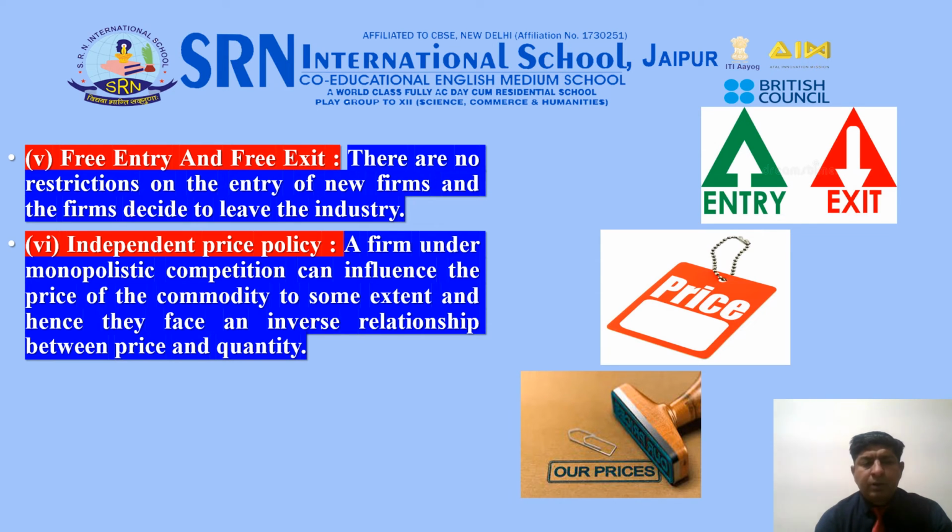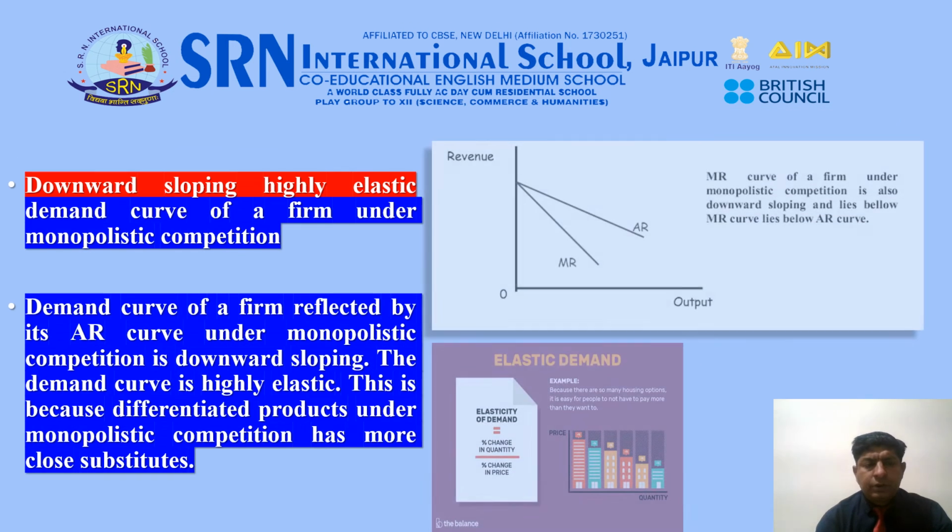A firm under monopolistic competition can influence the price of the commodity to some extent and hence faces an inverse relationship between price and quantity. In this case, the price elasticity of demand would be relatively elastic because of the existence of many substitutes.